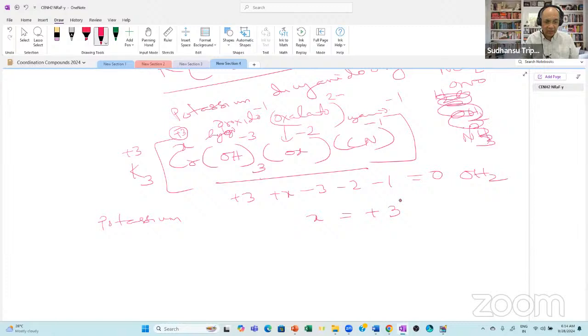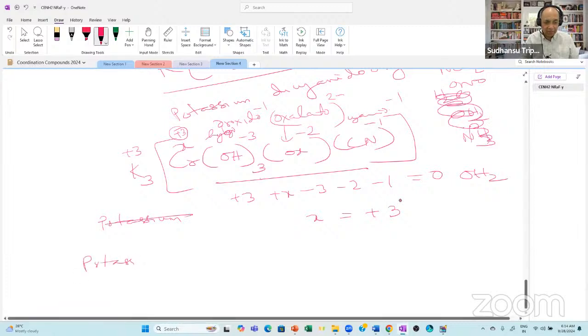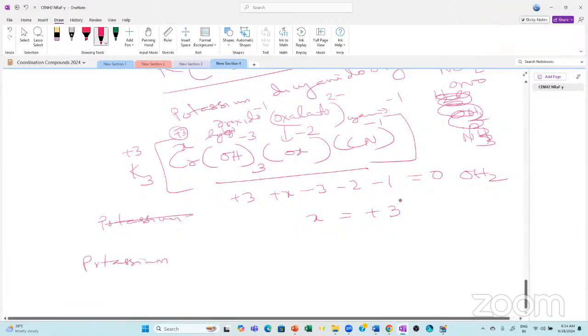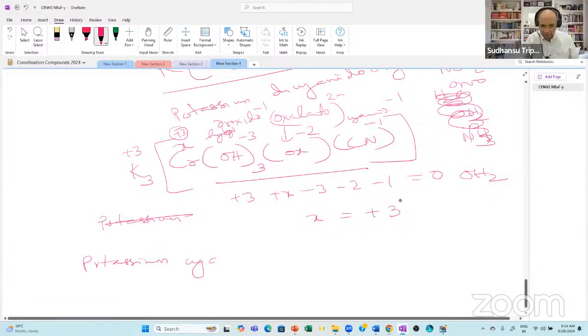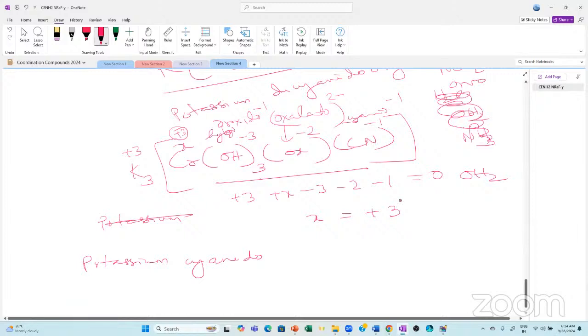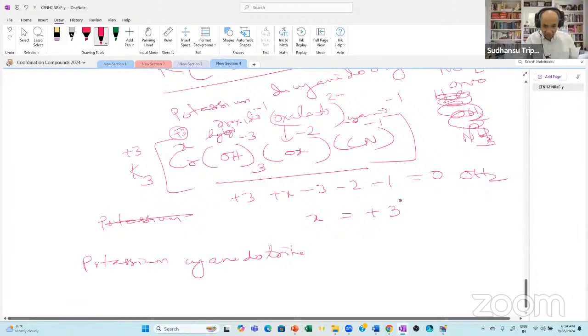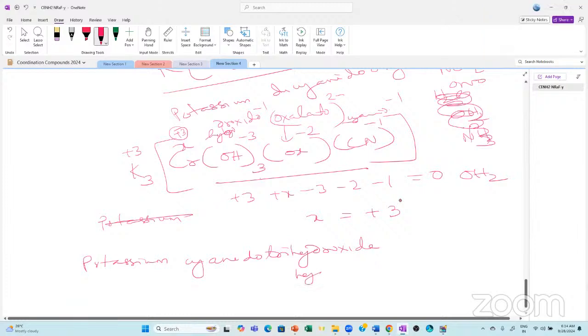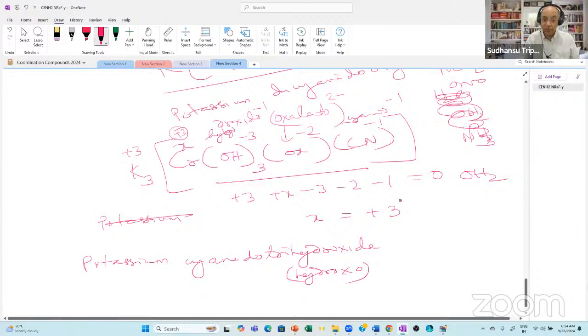So, how to write? Give me the name. Potassium cyanido. This C comes first. Cyanido. Then trihydroxido or hydroxo. Oxalato, I am not at all critical about the oxalato, old. This you can write cyano.